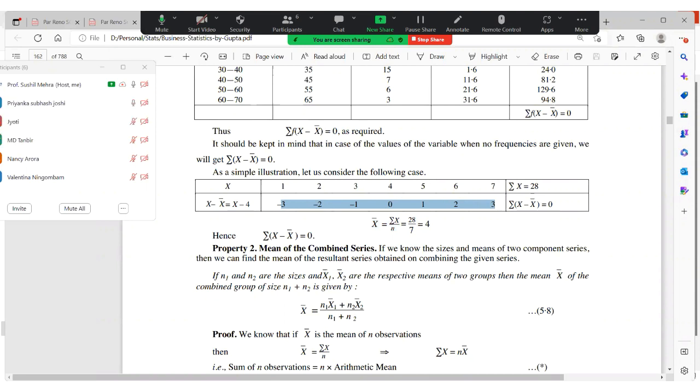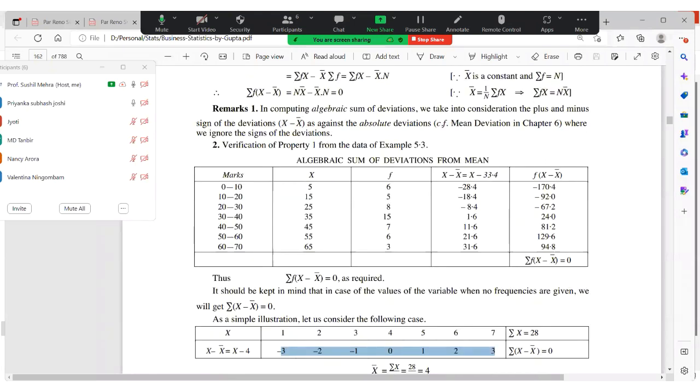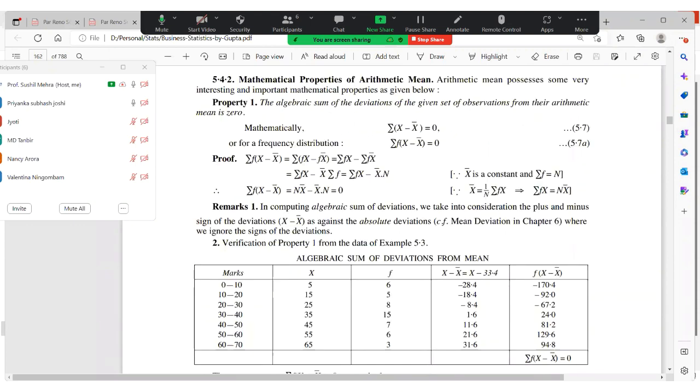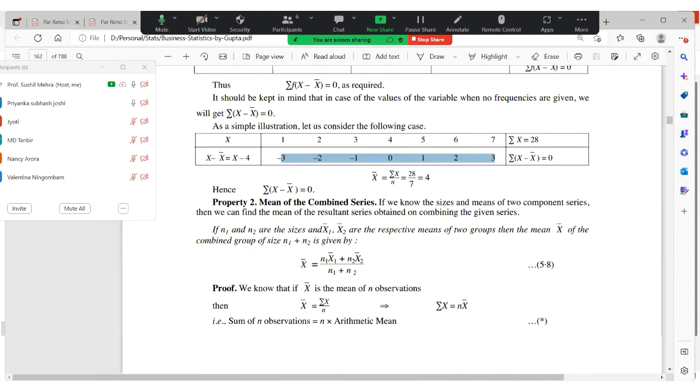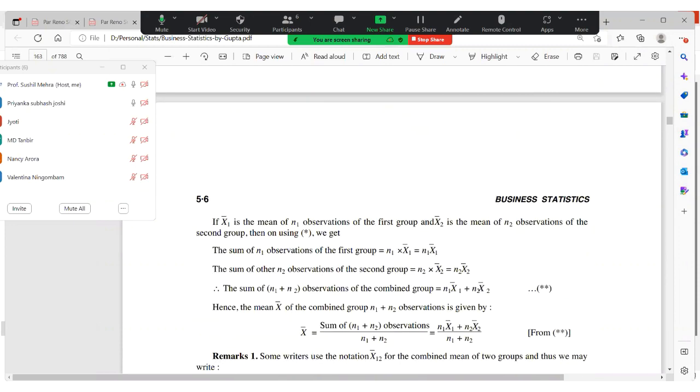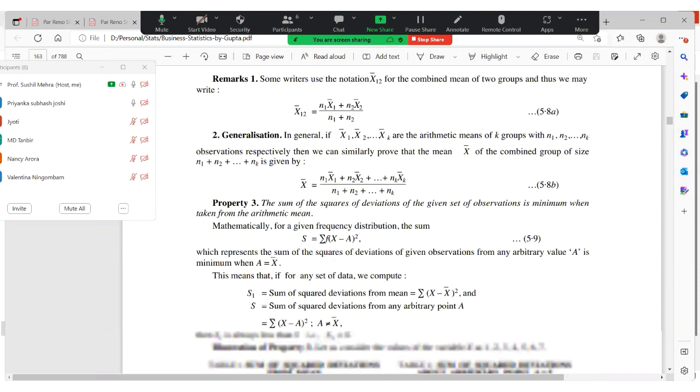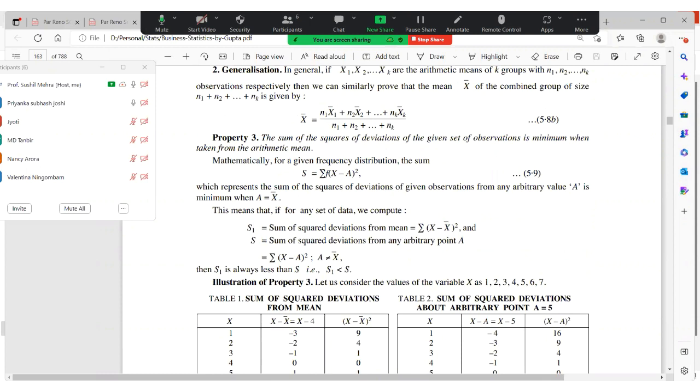Now, the second property. See this property first of all. The sum of the squares of the deviations of the given set of observations is minimum when taken from the arithmetic mean.